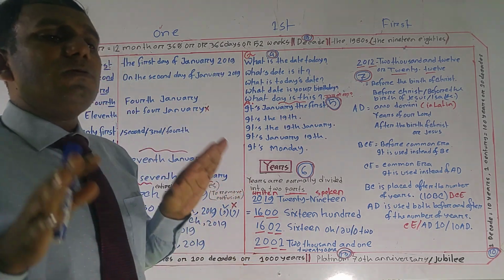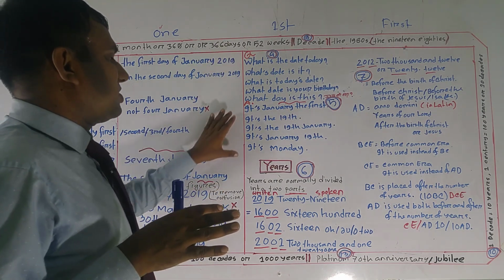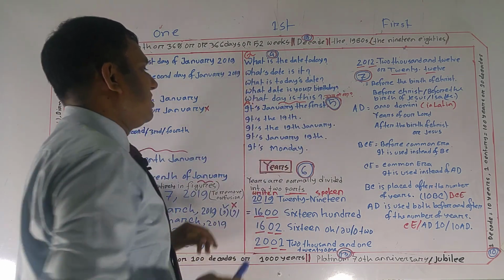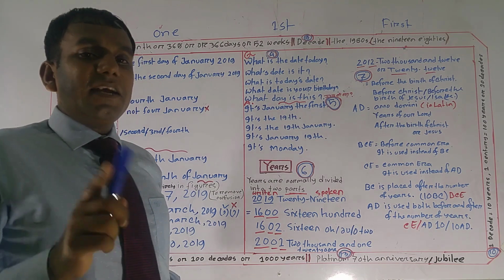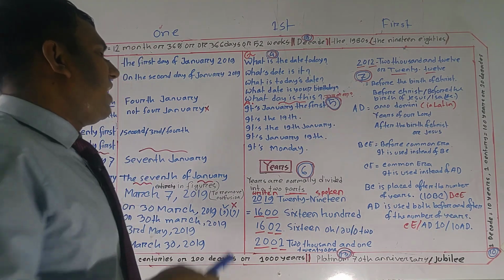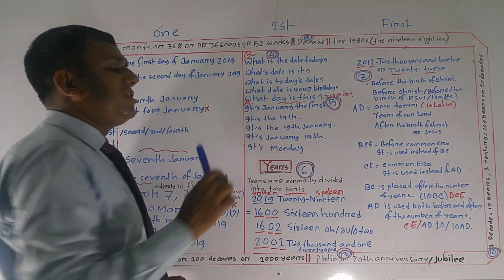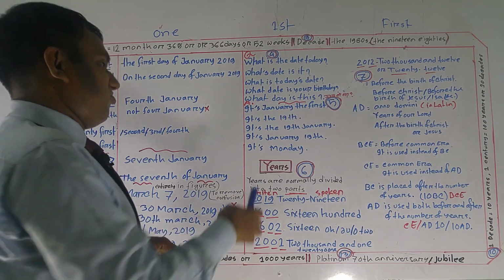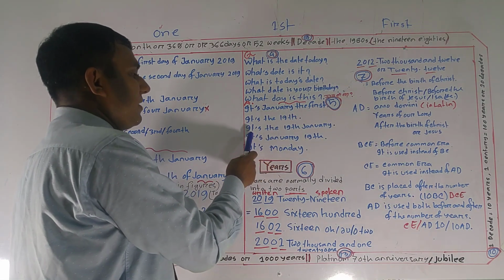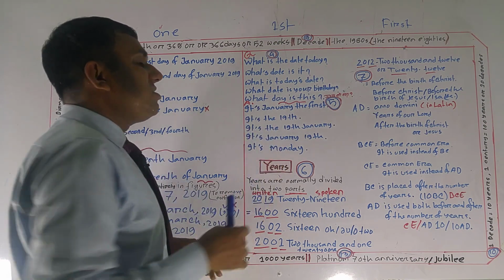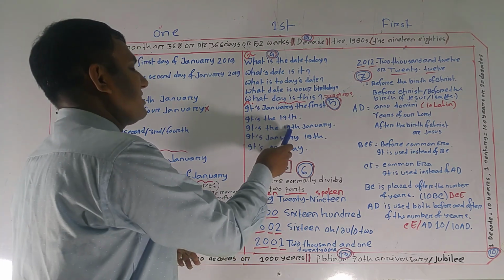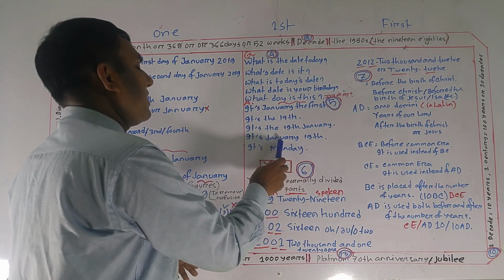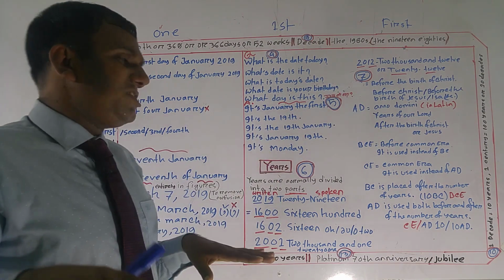And you can also give the answer to these four types of questions in four ways. Number one, this is the number 5 answer to the question of the date: It's January the 1st. And second, it's the 19th, without telling the name of the month. And third, it's the 19th January. You can tell the date and month this way. And fourth, you can put the month before the date: It's January 19th.